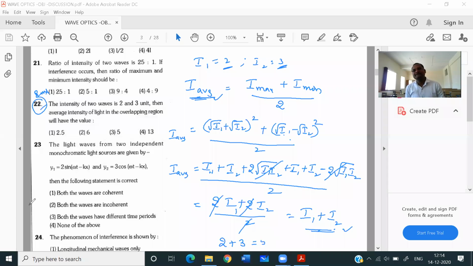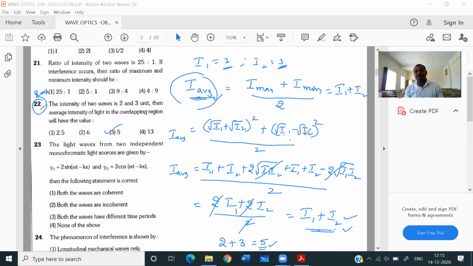Got it? These direct formulas are all there in your material. Once you read it, you will get all these things. And a point to remember for a short answer: I average is equal to I1 plus I2.